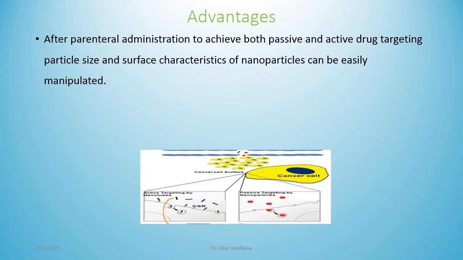We have to understand what passive targeting is and what active targeting is. If you take passive targeting, the nanoparticles accumulate in neoplastic tissue. After parenteral administration, they accumulate in the tissue area where the tissue has been damaged.